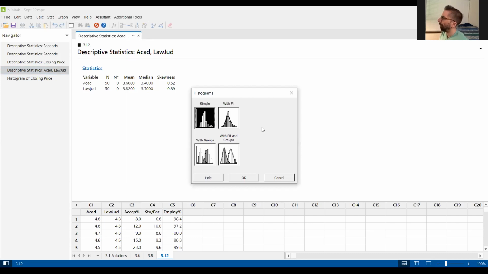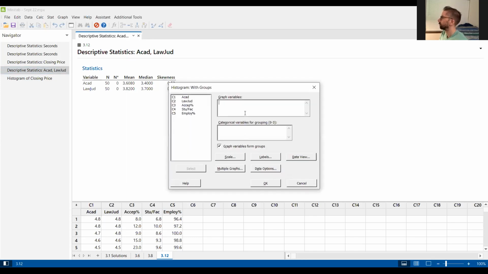So yes, I could choose with groups. Let's try it, why not? And then the graph variable again is what? What are we going to choose here for our value?